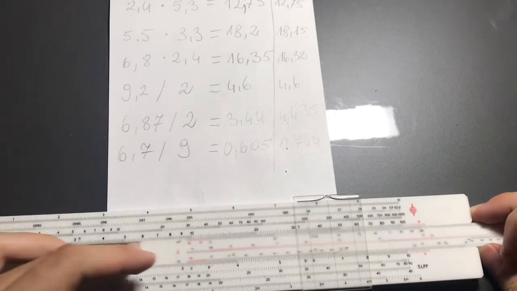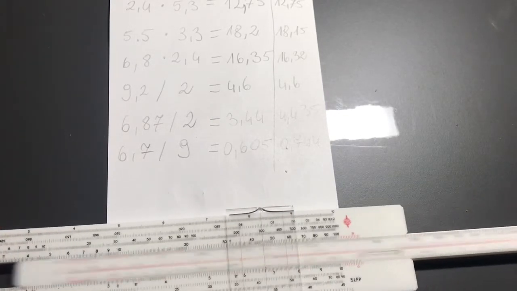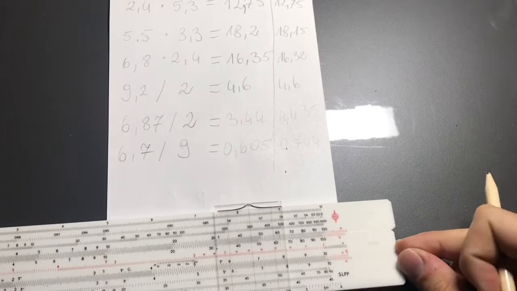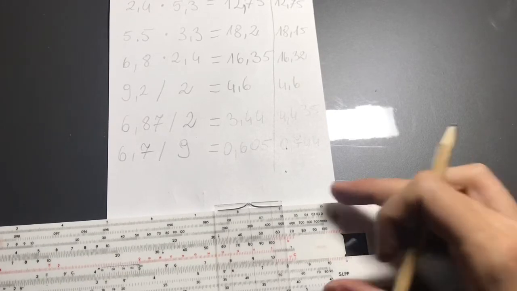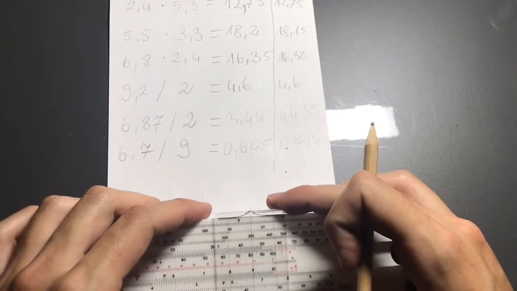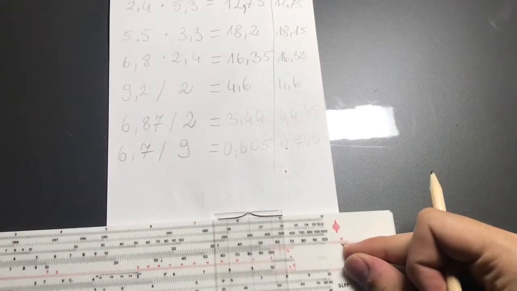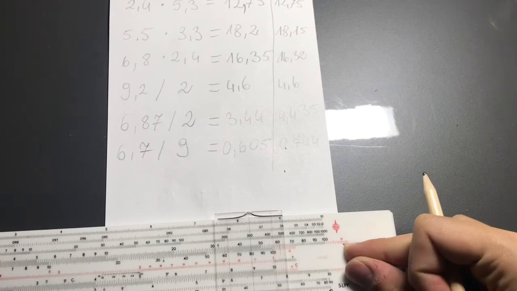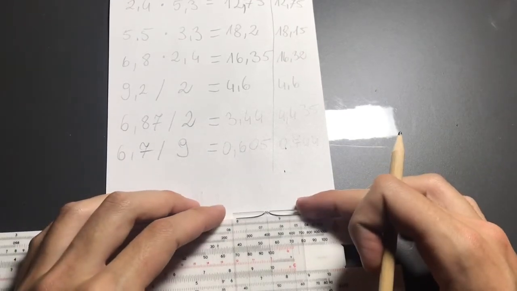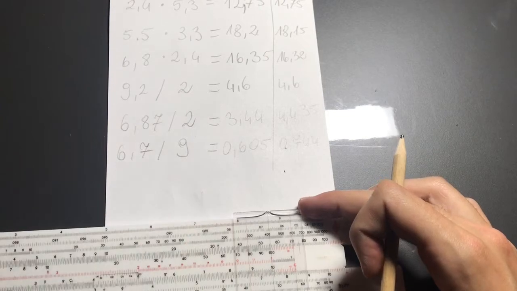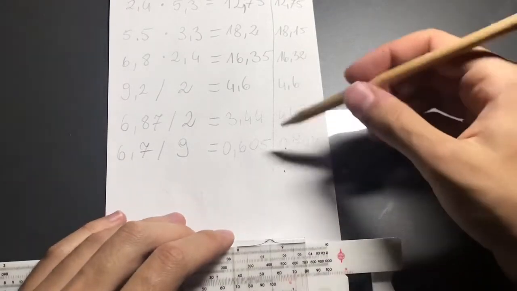So let's divide 6.7 by 9. 9 doesn't fit here exactly. So let's do 6.7 here. Let's redo it with this side of the scale instead of this side of the scale that I did before.